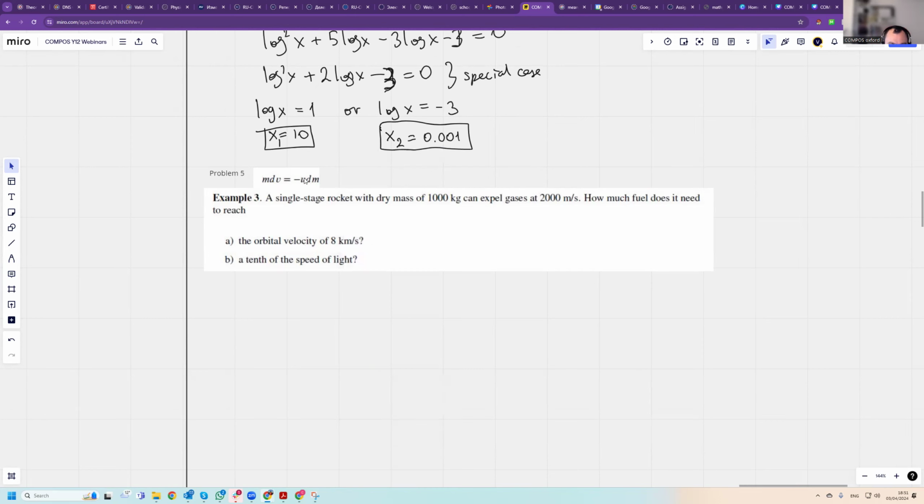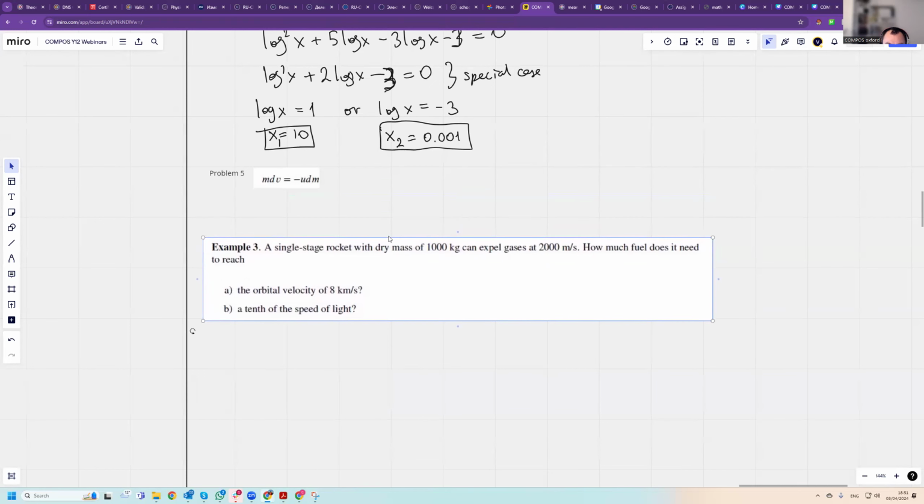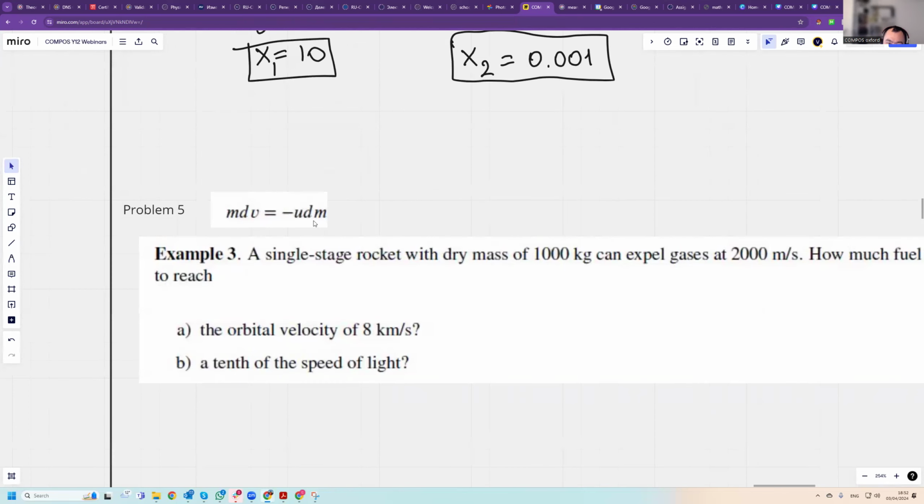This is a differential equation. It doesn't look like the differential equation that you might be used to, but it certainly is one. How do we know it's a differential equation? Well, it contains differentials, the dv and dm.